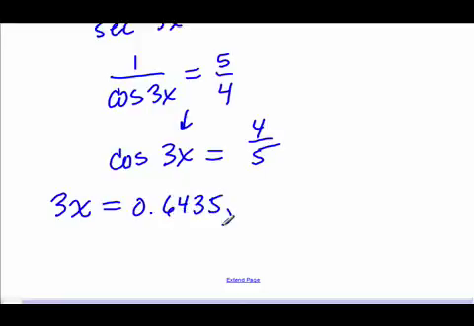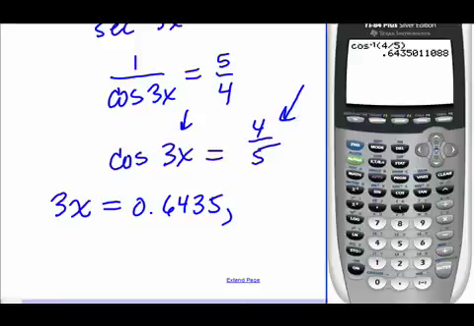Cosine is positive in quadrants 1 and 4, right? So now we get to find our second angle. We're going to take 2 pi, which is the whole way around, and we're going to subtract off our reference angle of 0.6435, giving us the quadrant 4 angle, 5.6397.